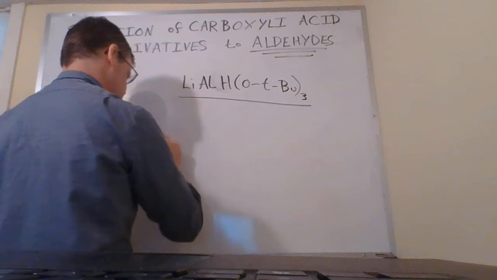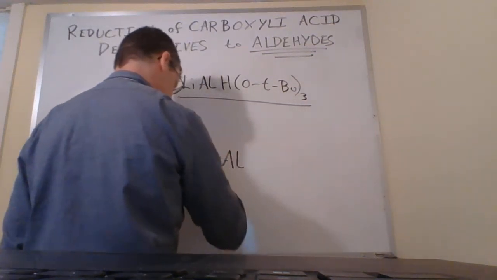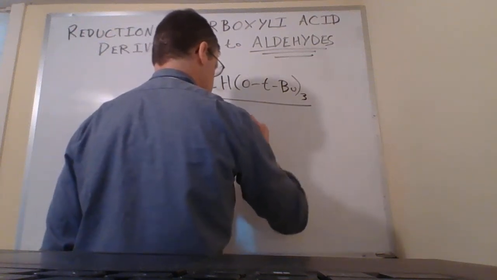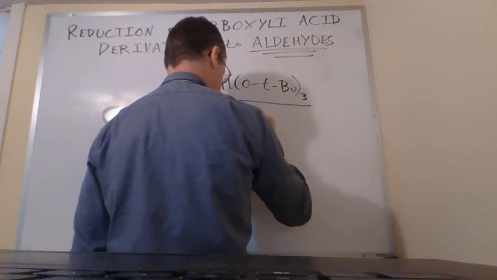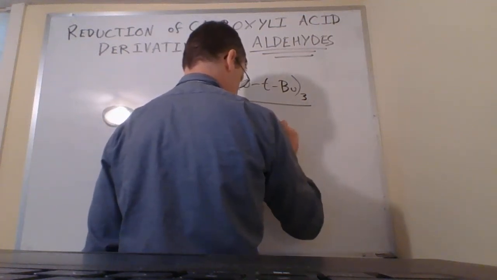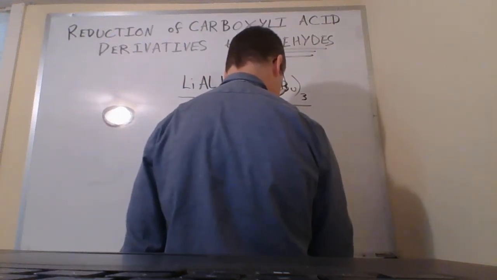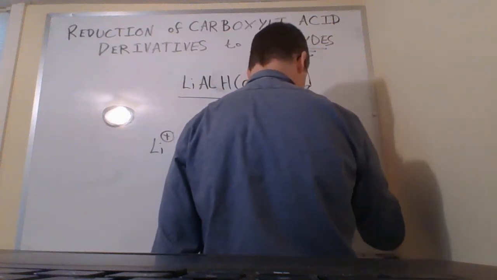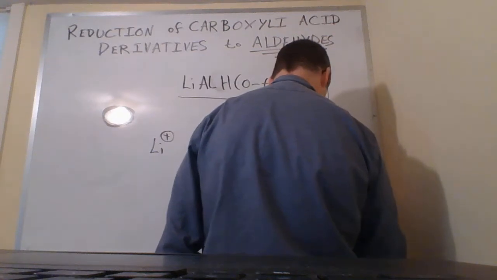All right, and so what that's going to look like, if you look at the structure a little more closely, is we've got three tert-butoxy groups, and I'm going to show you a little more detail of what this tert-butyl group looks like on this right one.